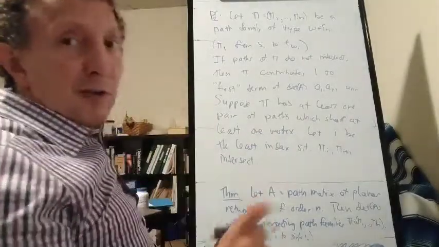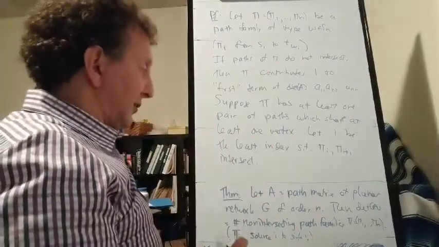Now those two paths might intersect multiple times. Let's name the first vertex where they intersect z.